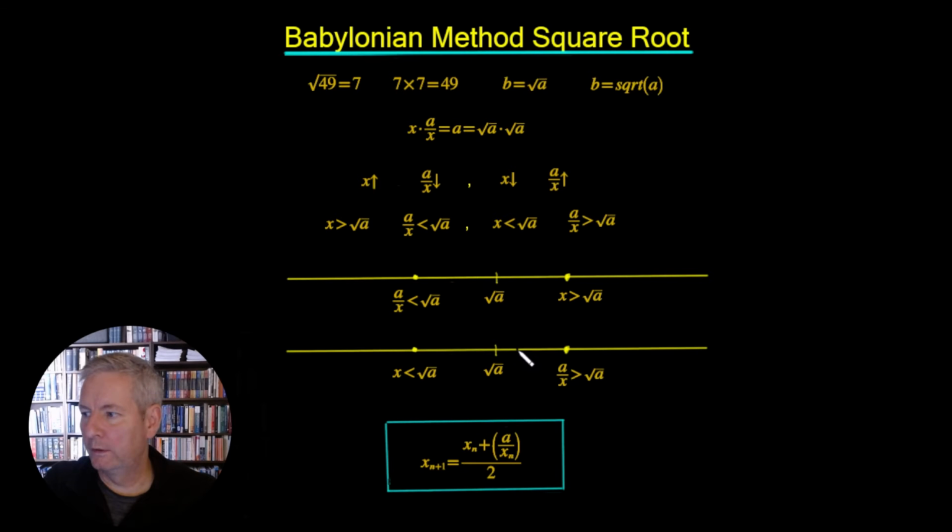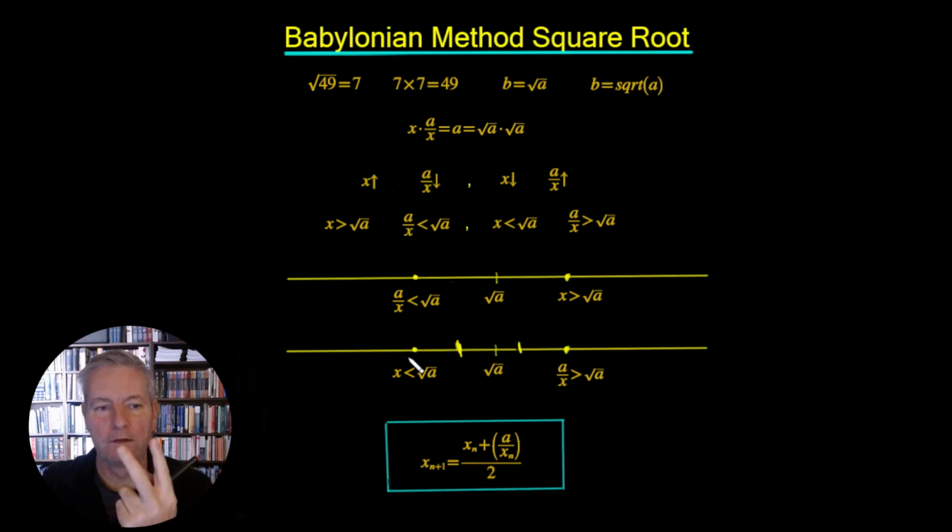and we can look at a point here for our new x_(n+1). Again we can look at taking a value x less than that, therefore a upon x will have to be greater, or vice versa.